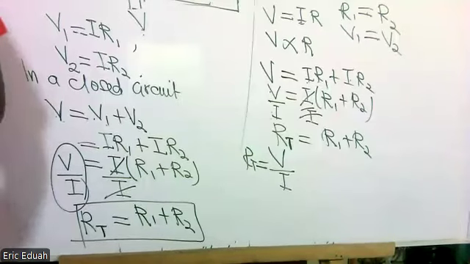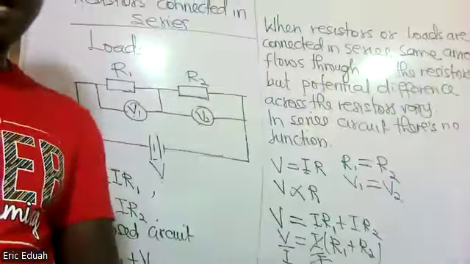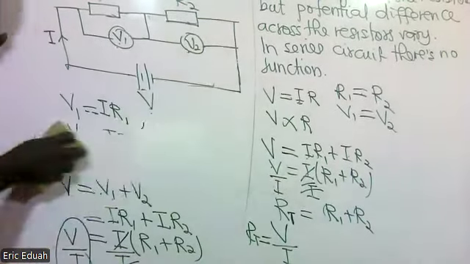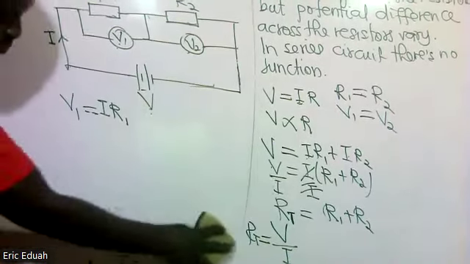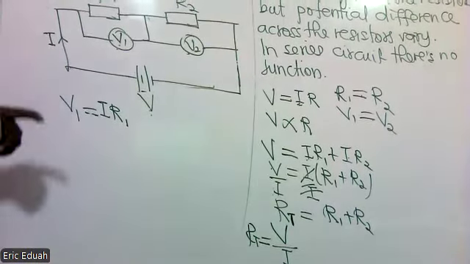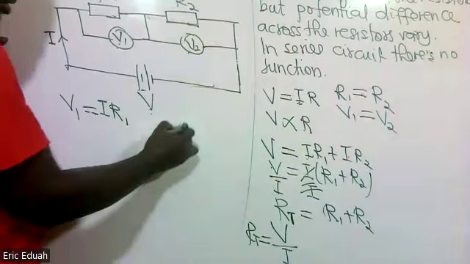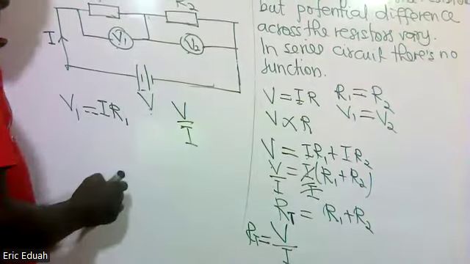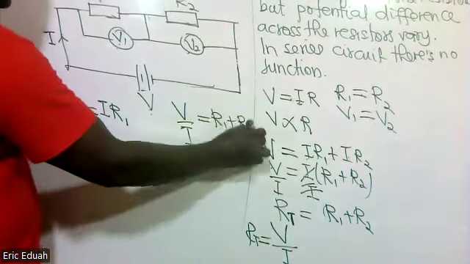Now I can also play around this same equation and get something else. Maybe I want an expression for V1. From our final equation, we are saying V over I is equal to R1 plus R2.